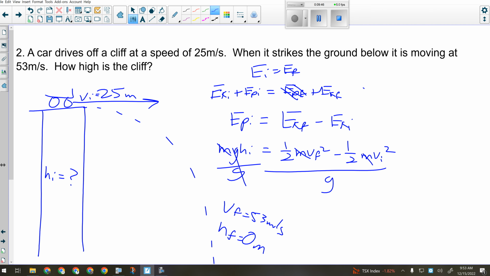So we'll have in our calculators 1/2 times 53 squared minus 1/2 times 25 squared, divided by 9.81.